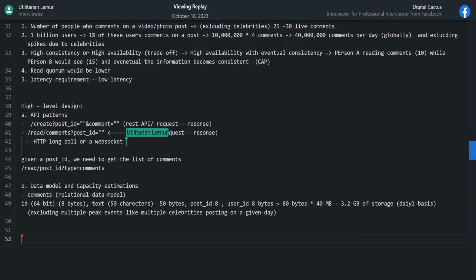If your question was about what type of protocol I would be using, it would be one of these two, either a long poll or a WebSocket. I would prefer a WebSocket connection in this case, mainly because it's bidirectional, so instead of doing a separate create comment every time, you can use the same connection and send comments as well.